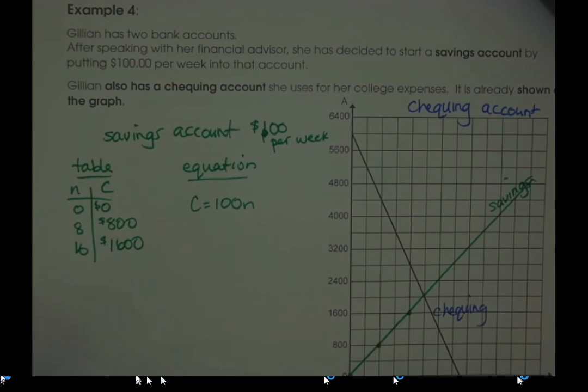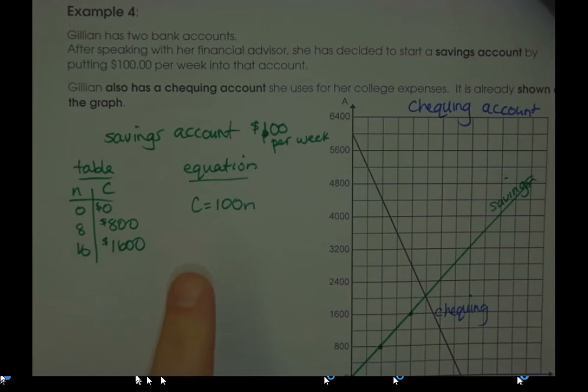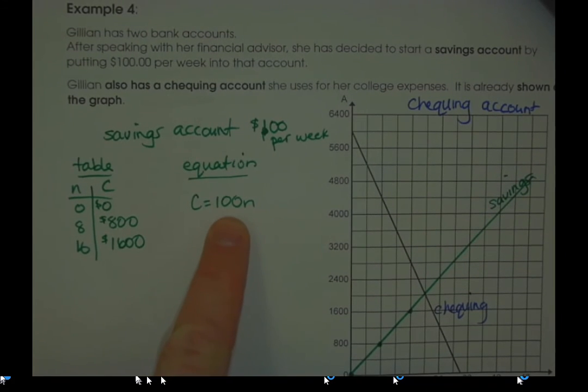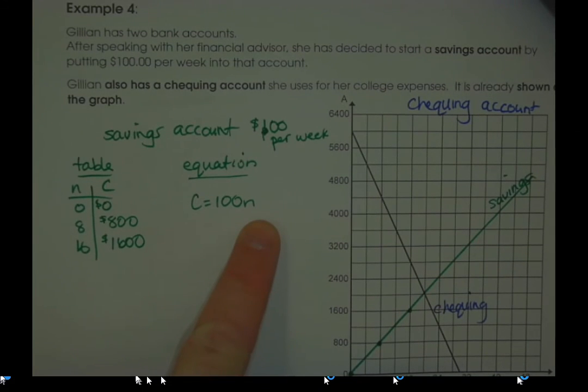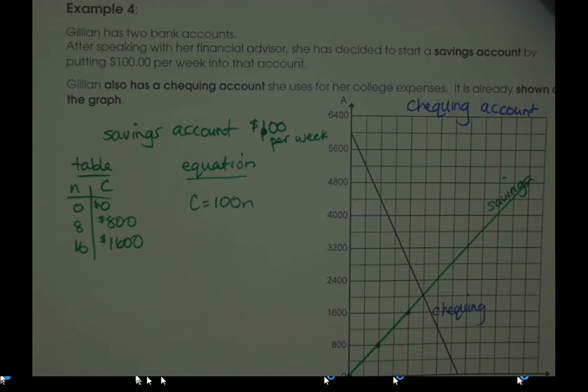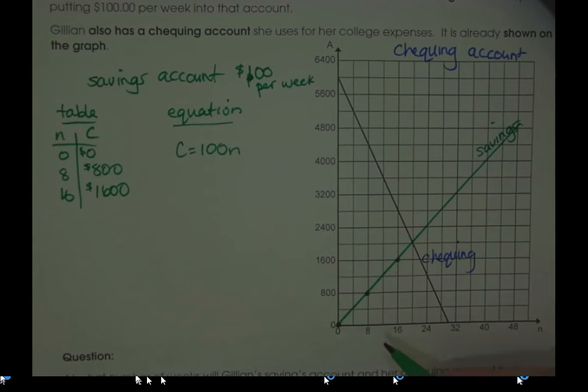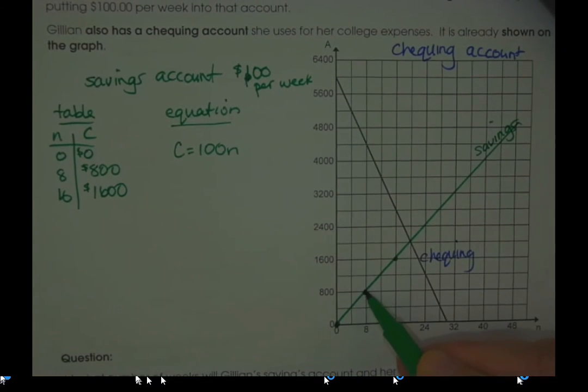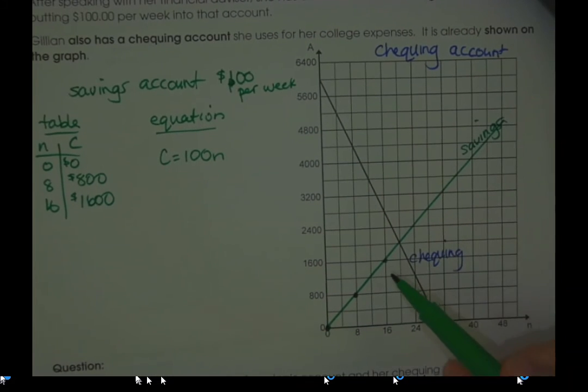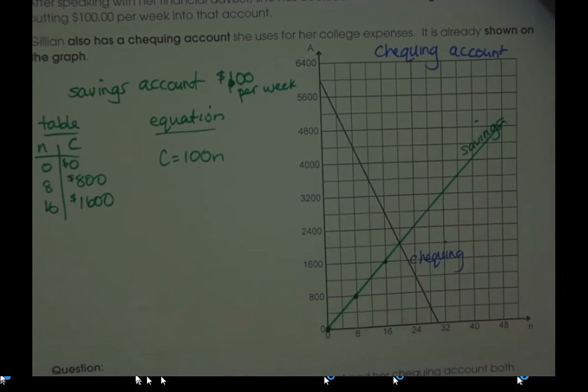So what I did was I chose those numbers, but you notice there that it's $100 per week. That's my rate of change. I don't start with anything in my account, so I have no constant. And what I end up doing is plotting these points. So I plotted 0, 0, 8, 800, 16, 1600, and I drew a line.